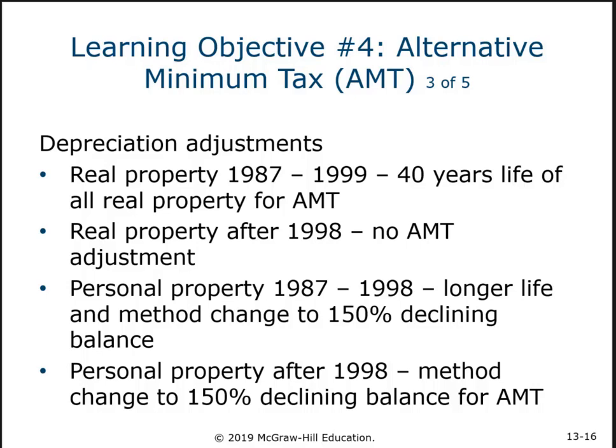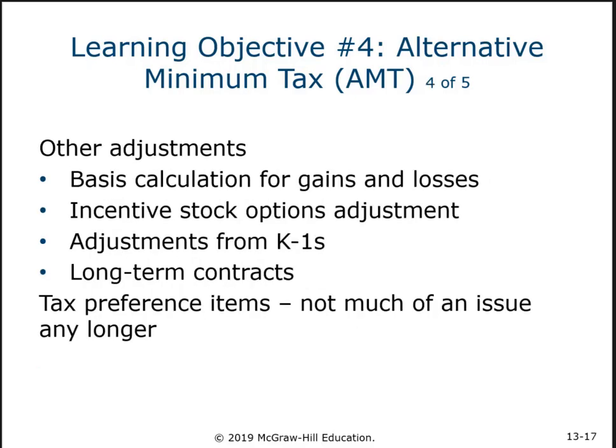You may still have property from before that, given that you depreciate real estate for a long, long time. And for personal property, there is some difference, but again, not as big as it used to be. This usually means that your depreciation is lower if you're using regular depreciation for AMT purposes than it is for regular tax, which means you're going to have a higher income for calculating alternative minimum taxable income.